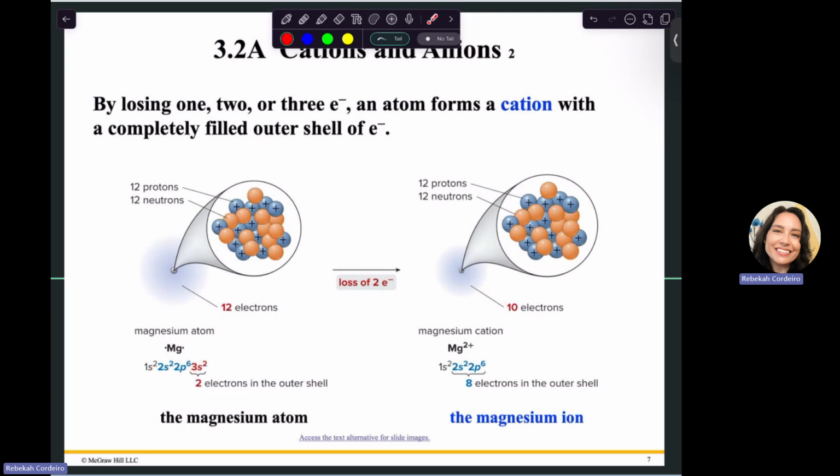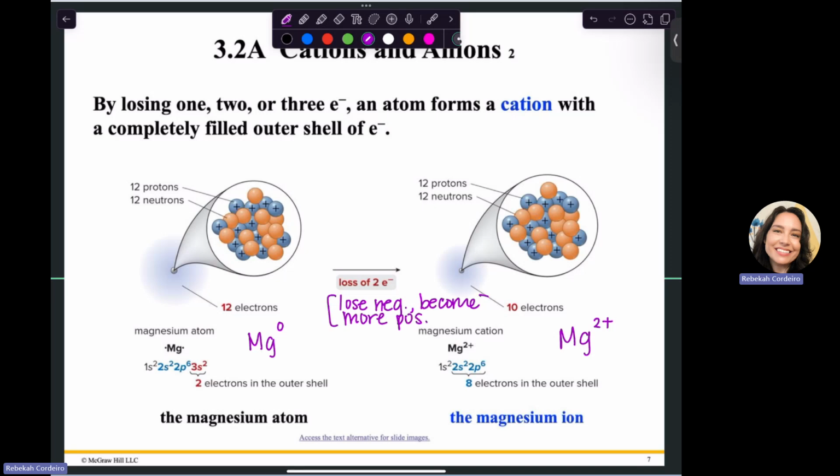If I start with no charge, so we just say magnesium with no charge at the top right, here we have magnesium that loses 2 electrons, so it becomes 2+. When you lose negativity, you become more positive. Lose negative stuff, become more positive.